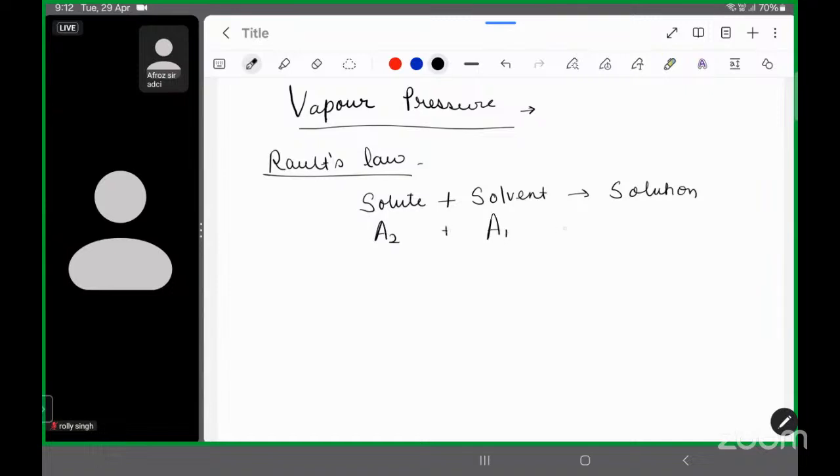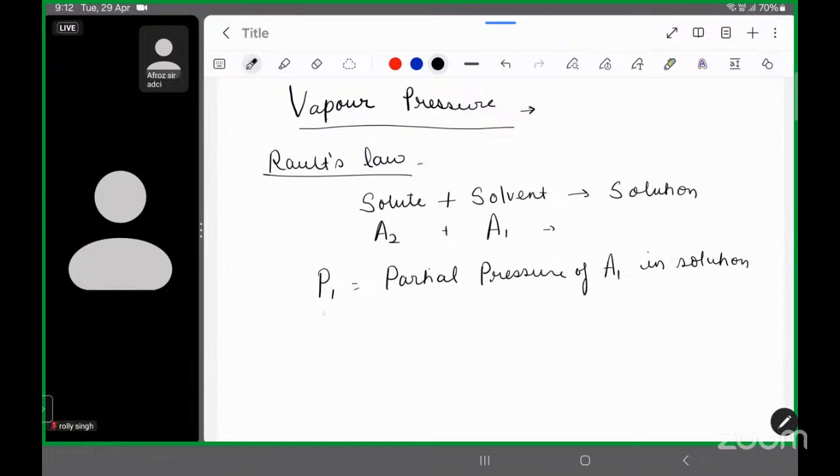When we mix it, it is a solution. Now in the solution, the pressure is like P1. What is P1? It is the partial pressure of solvent, component one, in solution.